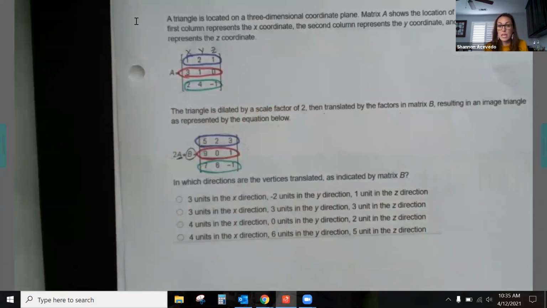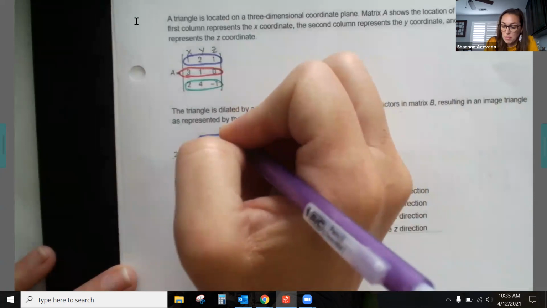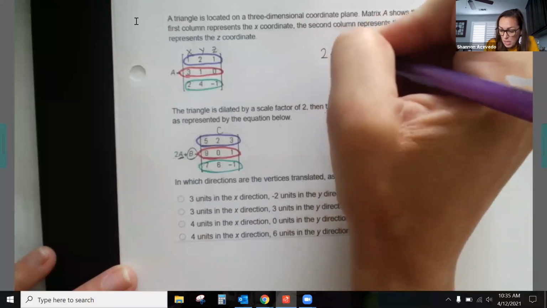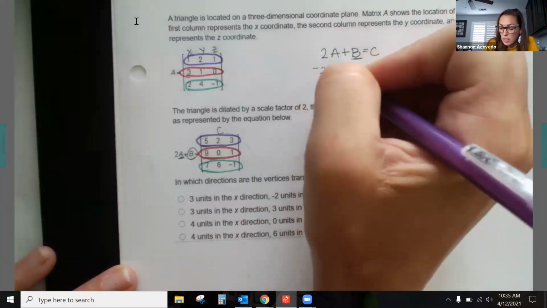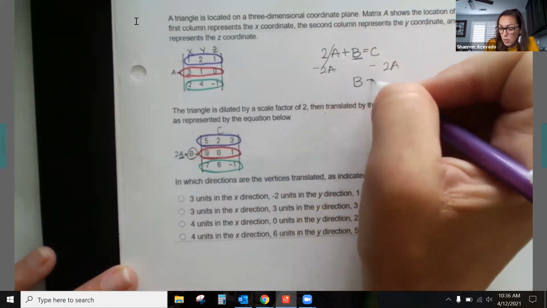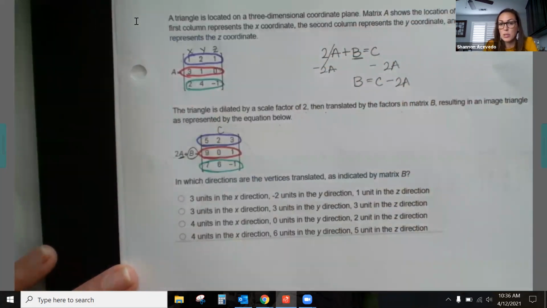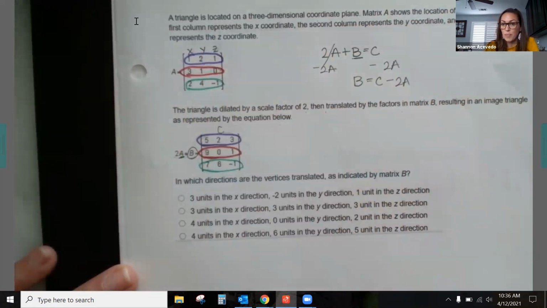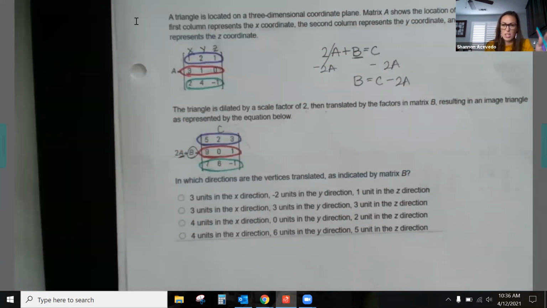One way to go about this: if I'm solving for B, I'm going to call the result C. So if I have 2A plus B is equal to C, and I want B, then I can subtract 2A from both sides, and B would equal my matrix C minus 2 times A. That's perfectly acceptable. Actually, I think I'm going to go ahead and do that. I think it'll be easiest for you guys.